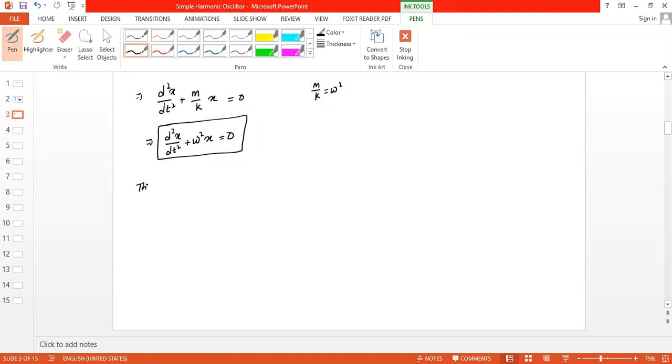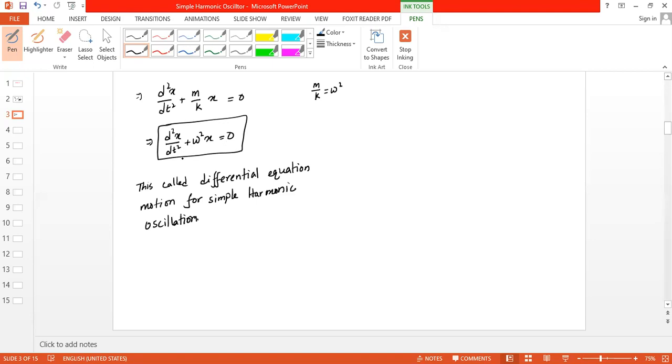So this is called the differential equation of motion for simple harmonic oscillation.